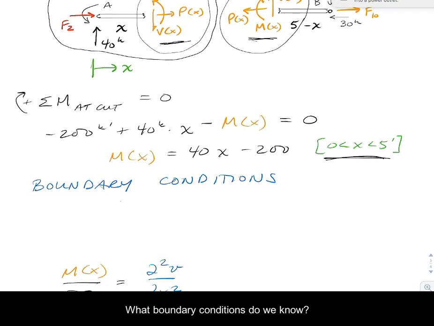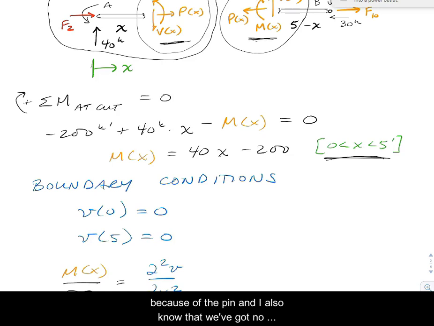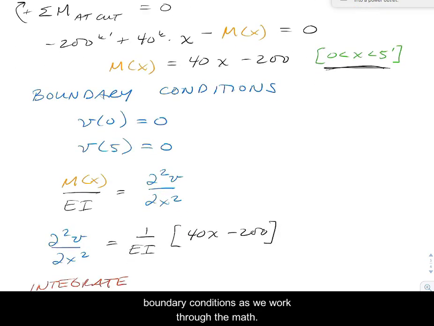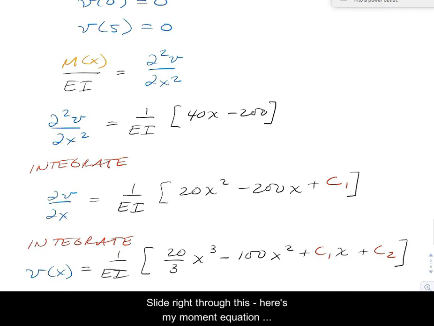What boundary conditions do we know? I know over at point A, we've got translational restraint because of the pin, and I also know that we've got no movement at point B. So that's going to become our boundary conditions as we work through the math. So we will just slide right through this.